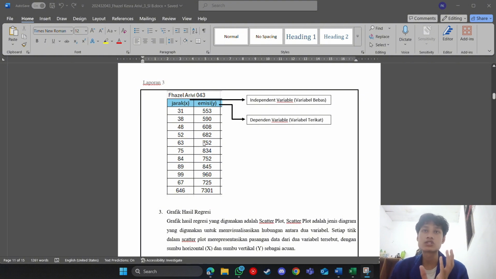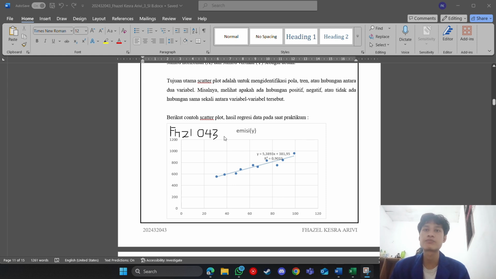So we need to know what the correlation is between distance and image emission.